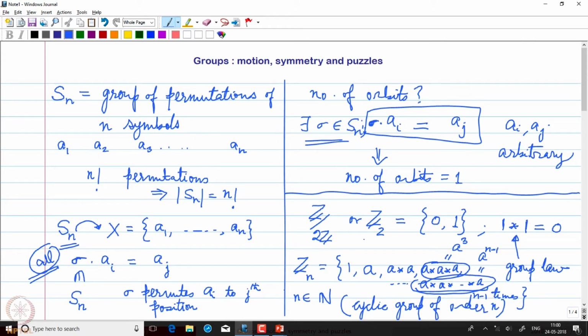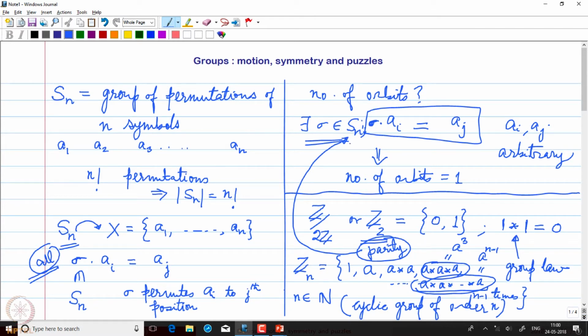So cyclic groups are quite simple groups, and there are some interesting actions of cyclic groups. In fact, a group which is as easy as this can be efficiently used in checking what I called yesterday parity. We will understand that maybe in coming lectures. So with parity we come back to Sn.